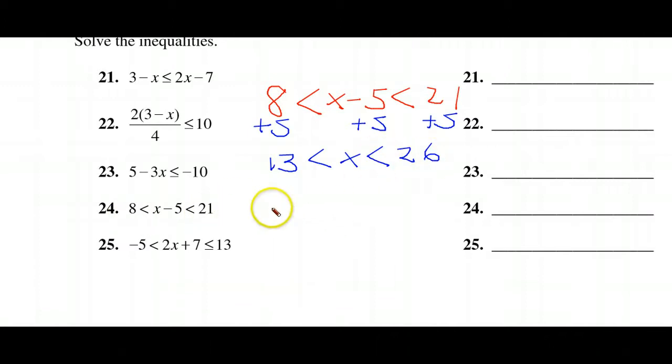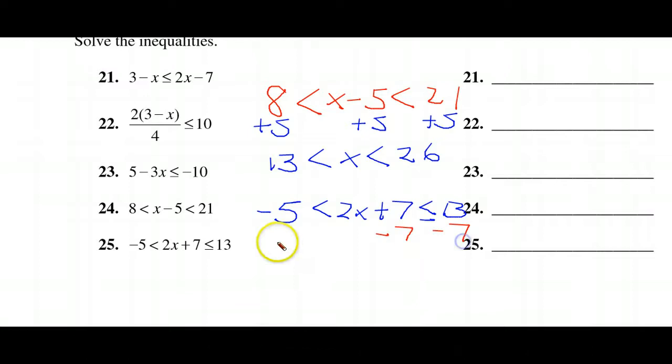So when you have something like this, you want to isolate the x in the middle by adding 5 to all places. And this last one, negative 5 is less than 2x plus 7 is less than or equal to 13. We're going to subtract 7, subtract 7, subtract 7.